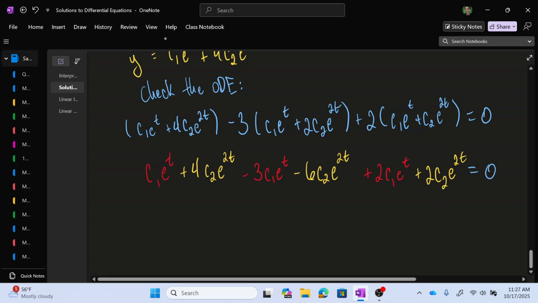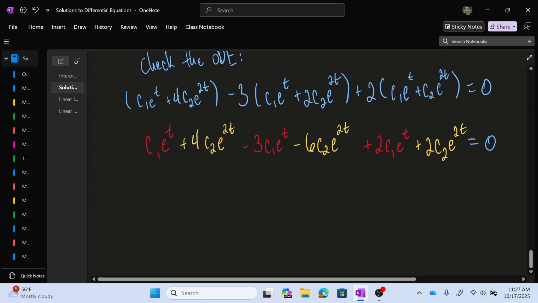what I see is that all the terms on the left side always cancel out no matter what. Here's plus c1 plus 2c1 minus 3c1, so those cancel. Here's plus 4 plus 2 minus 6, that cancels as well.